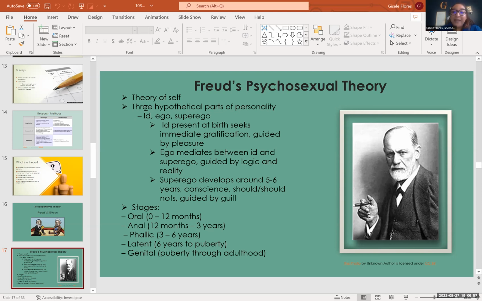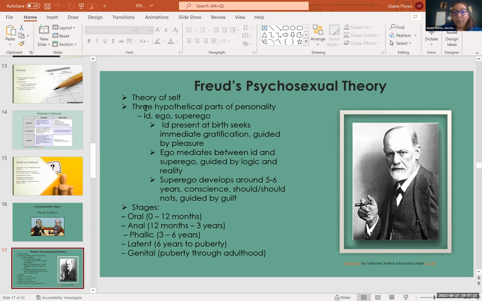We're looking at biological needs, and this is why we see it at birth. This is why a child cries when they're hungry, and that's why they scream when they're tired. It's why, if they feel like pooping in their diaper, they poop in their diaper, because they are controlled by what feels good in their body, according to Freud.